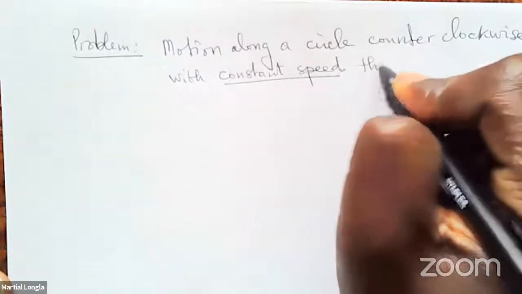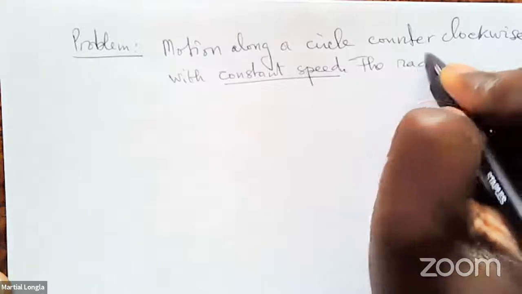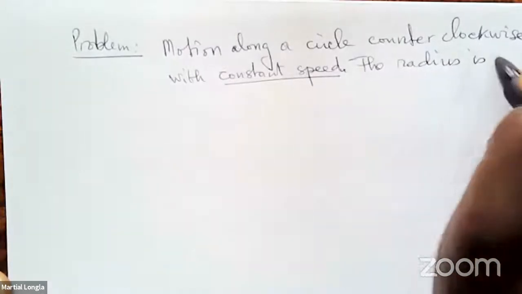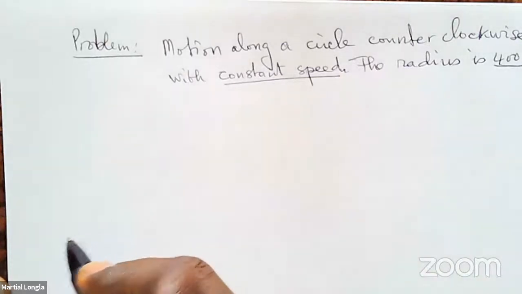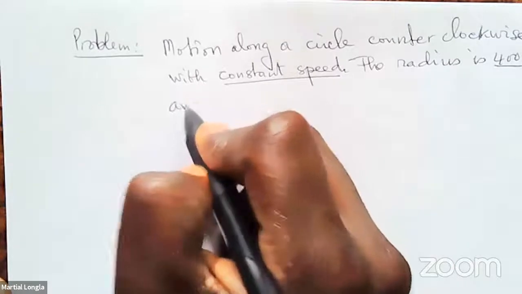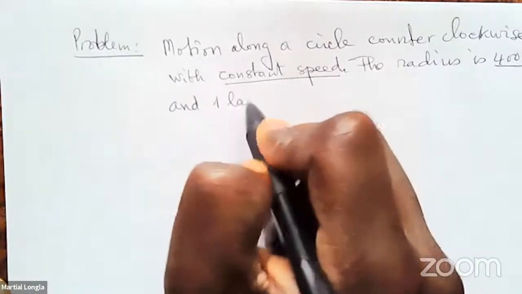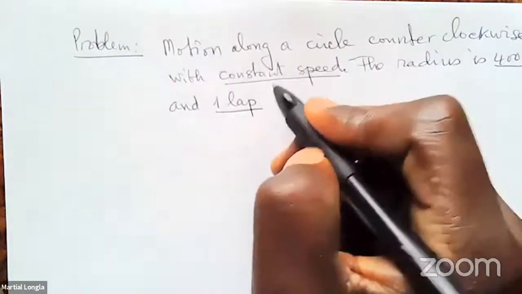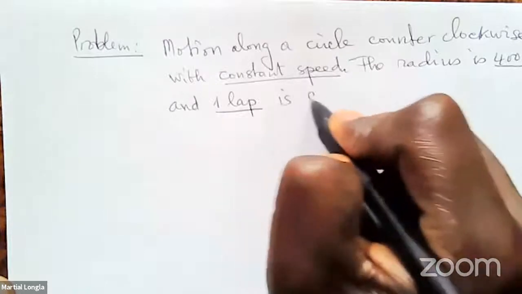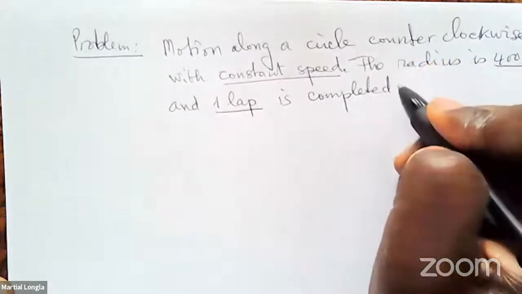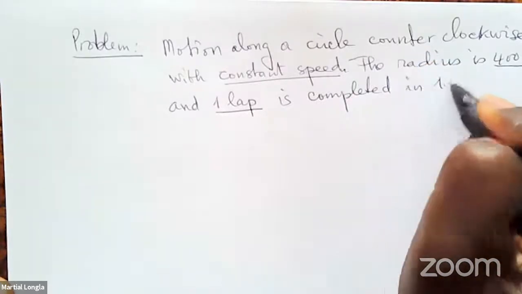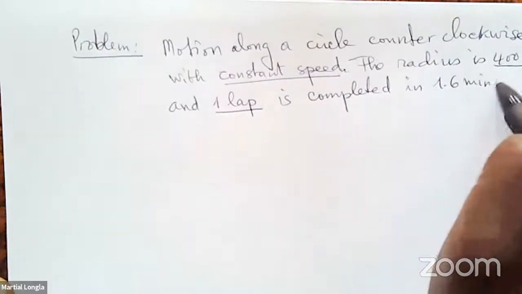The radius is 400 meters and one lap is completed in 1.6 minutes.